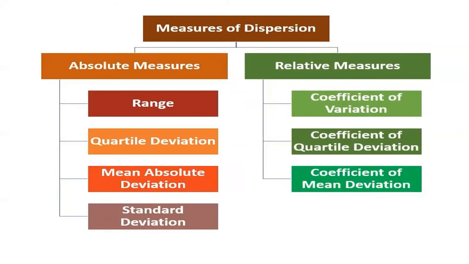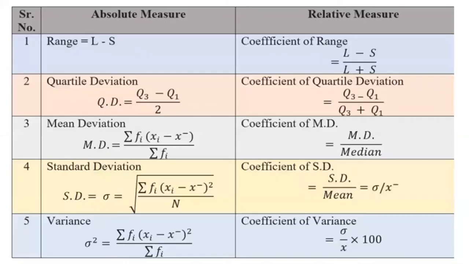These 4 are the absolute measures. But when you add the word coefficient, it becomes a relative measure. So the coefficient of variation, coefficient of quartile deviation, coefficient of mean deviation, and coefficient of standard deviation are the 4 relative measures of dispersion. Now this is the most comprehensive chart.